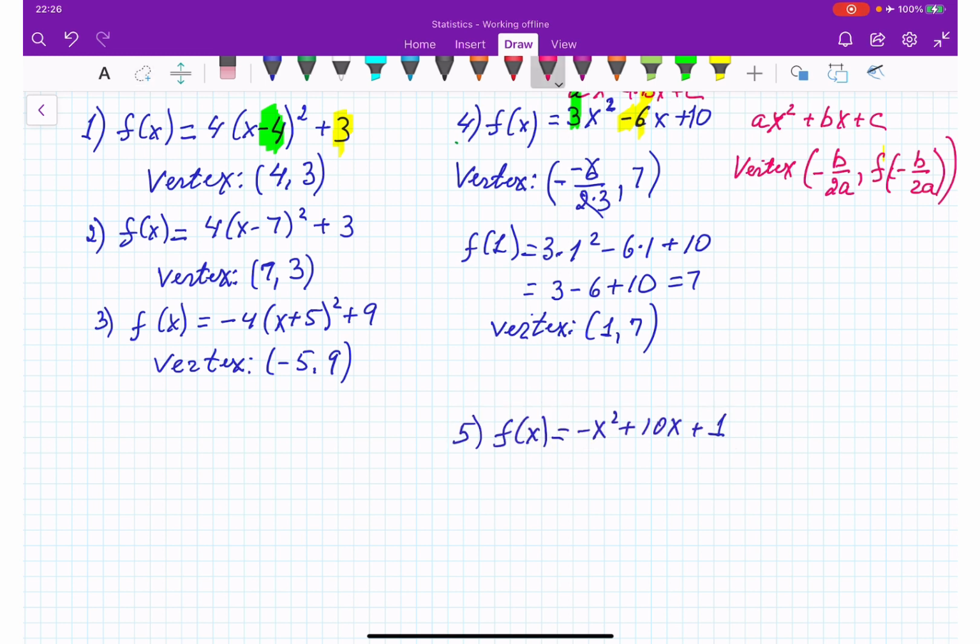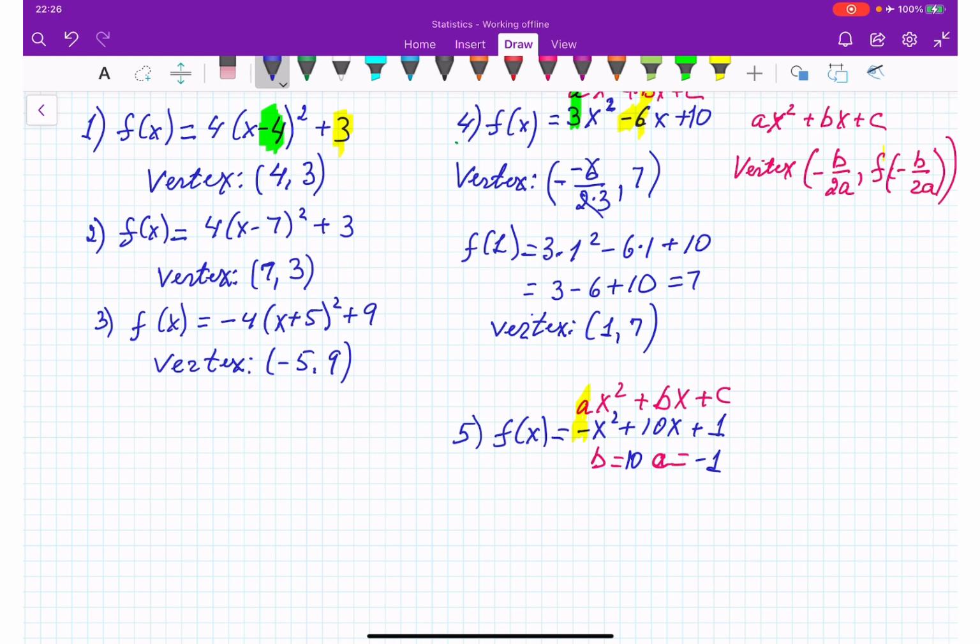So I have ax squared plus bx plus c. How much is my b? How much is my a? Because I'm going to use b and a. b is going to be equal to positive 10. a is going to be equal to negative 1, because here it's negative 1.